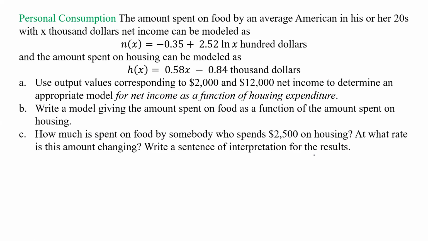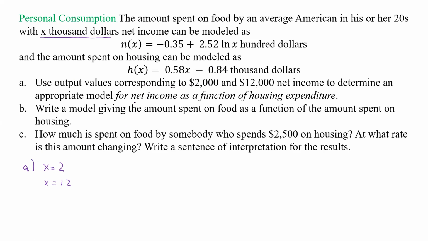All right, so let's work through these. For A, what they want us to do is use the output values corresponding to 2000 and 12,000. Now, notice the X is in thousands of dollars. So really, we want X equal to 2 and X equal to 12. That's a key, making sure the units here match with the units that you're going to input.